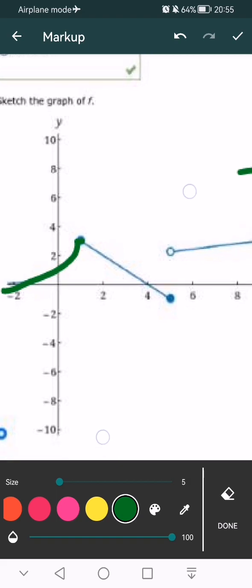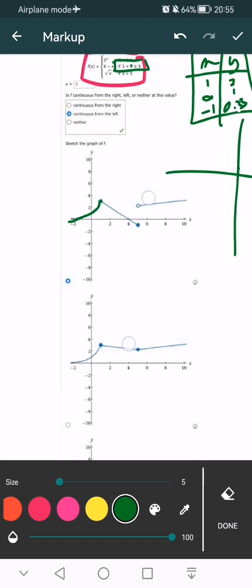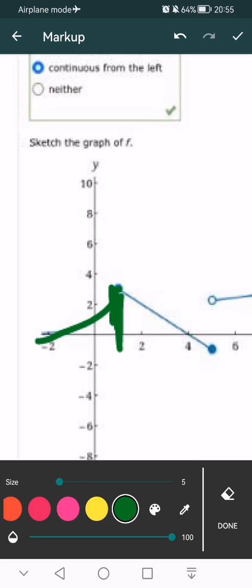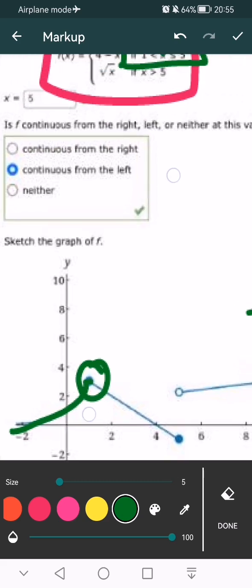So let us see here our first equation, which is 4 minus x. When it is 1, it is a certain circle, okay, but there is a circle on the above.